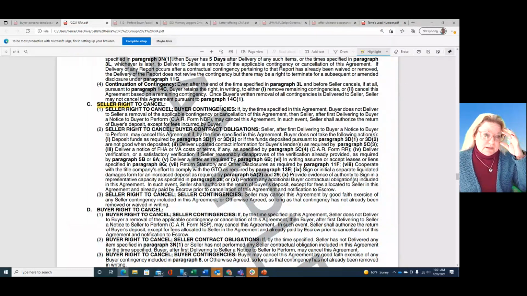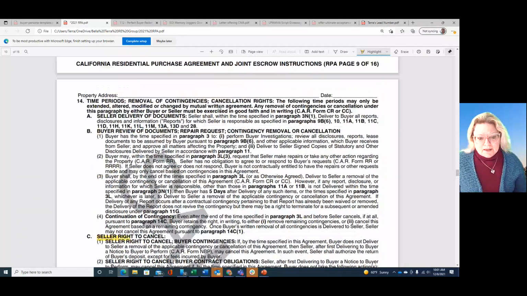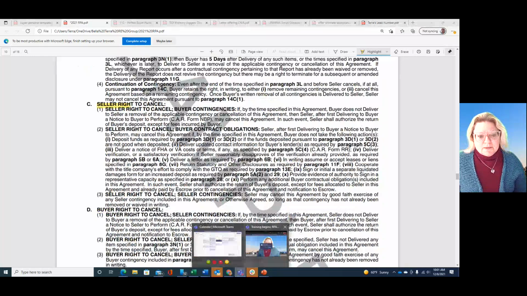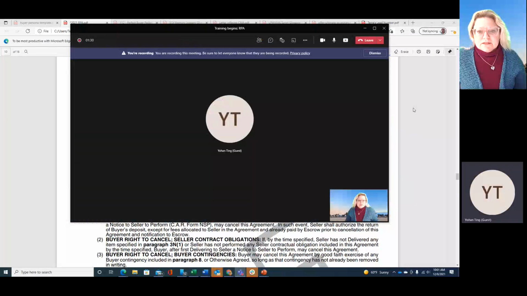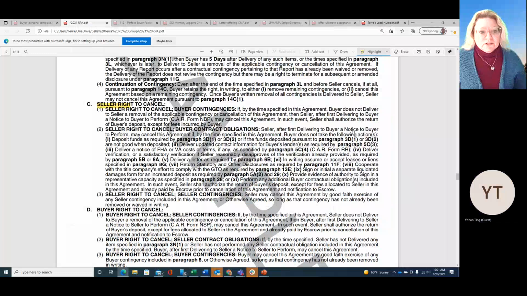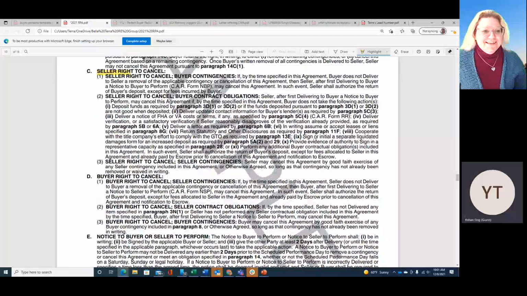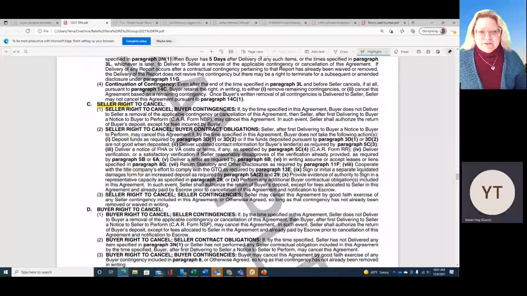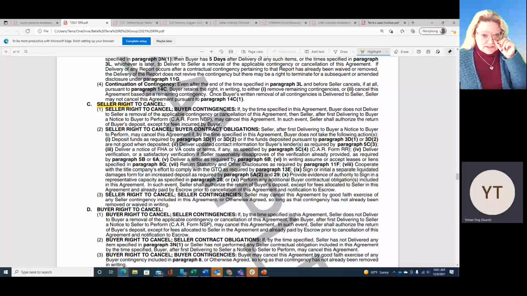We pick up at letter C of number 14, and this is from page 10. So we're about 2/3 of the way through. The seller's right to cancel with the buyer contingencies.